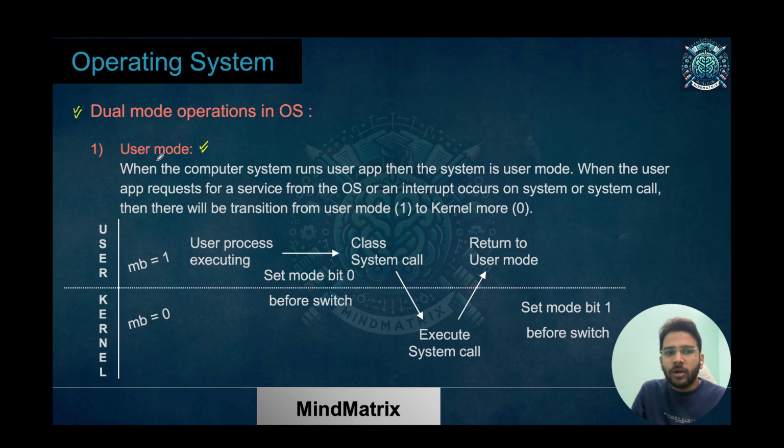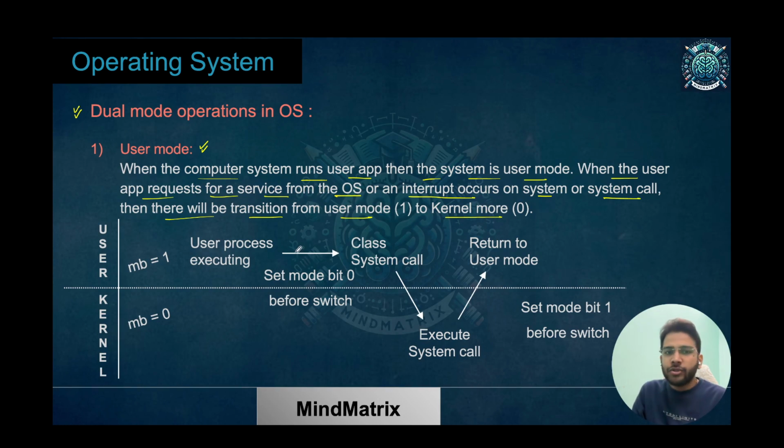So what is user mode actually? When the computer system runs a user app, then the system is in user mode. We have many user applications, right? Whenever we want to run those applications, the system will be in user mode. When the user app requests a service from the operating system, or an interrupt occurs on the system, or we have invoked some system call, in that case there will be a transition from the user mode to the kernel mode.